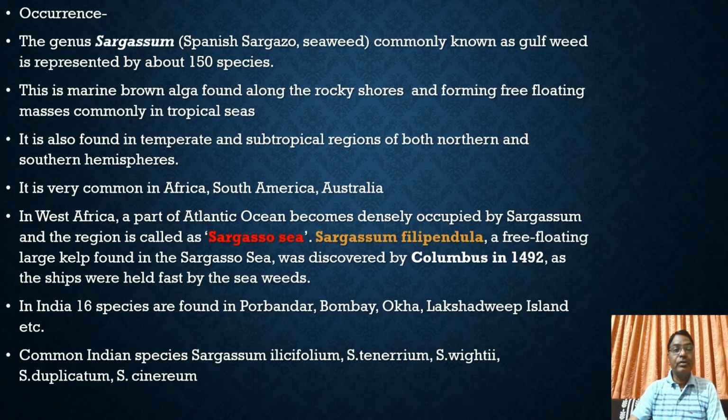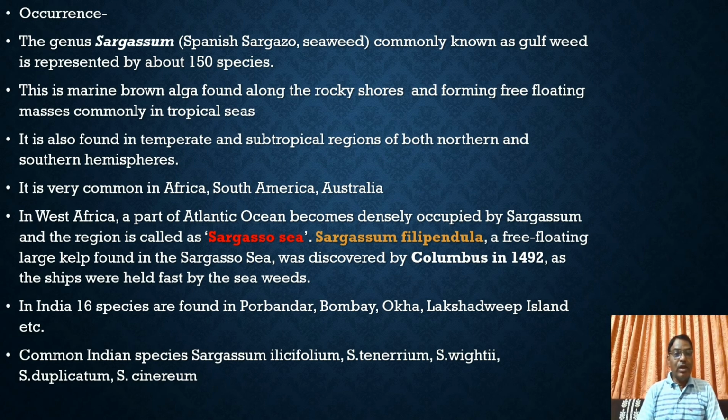So the first point is occurrence. This genus Sargassum, a Spanish Sargassum seaweed commonly known as gulfweed, is represented by about 150 species. This is a marine brown alga found along the rocky shores and forming free-floating masses, commonly in tropical oceans or seas.